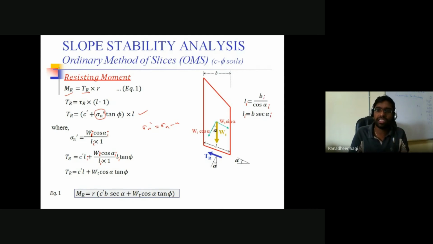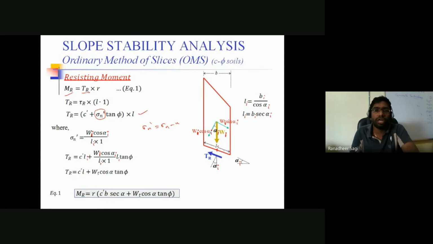The width of the slice, if you don't consider the width of each slice to be the same, is also changing. That's the reason why I am representing it in a simple way for the ith slice. Whatever I am talking about is for the ith slice. So wherever you have simple terms represented, I am adding i.